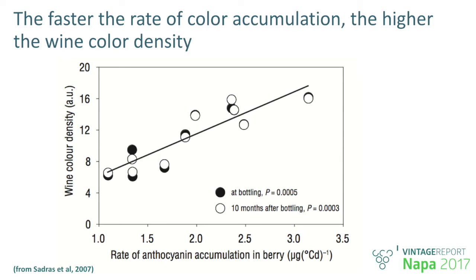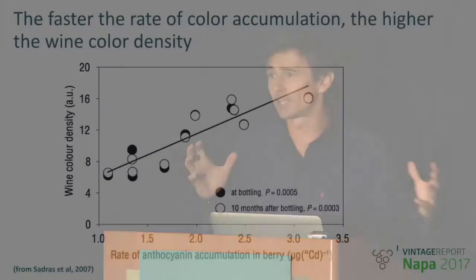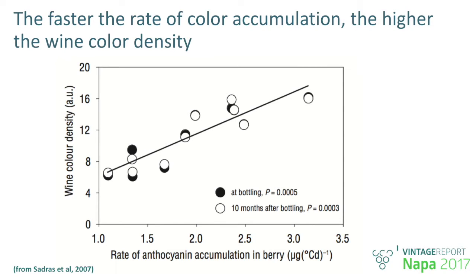And what do they plot? Well, they plotted on the y-axis low color density up to high color density, and on the x-axis, the speed at which color accumulated. So again, to echo Nicolas' presentation, the same way you can characterize a sugar loading curve by its duration, its onset, its plateau value, you can characterize color the same way, with the starting of color accumulation, the ending of color accumulation, and the speed at which color accumulates, in order to correlate with the wine potential.